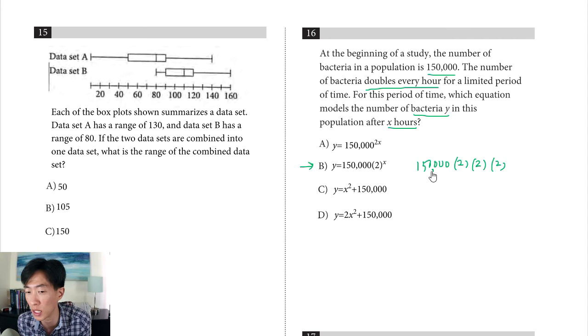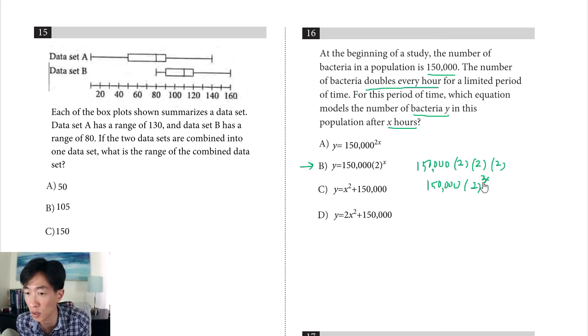So really what we've written out here is you're going to be multiplying 150,000 by 2 to the third power, because we were talking about 3 hours. And so that's why the X is in the exponent, or the number of hours is in the exponent. In this case, it was 3. So B is going to be the answer.